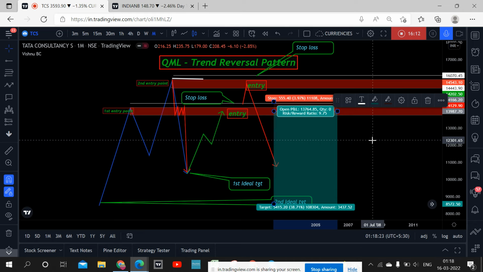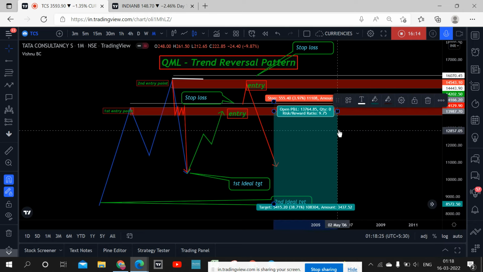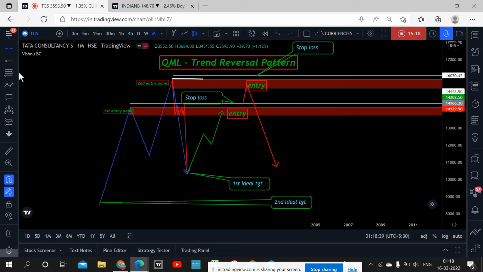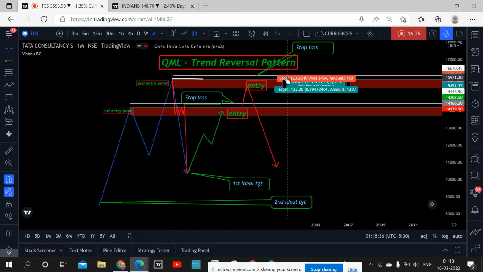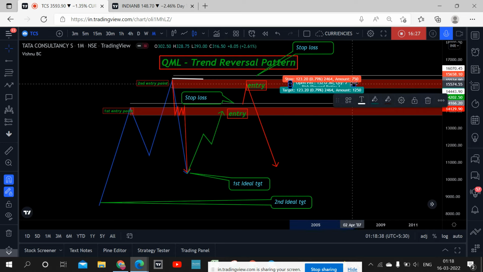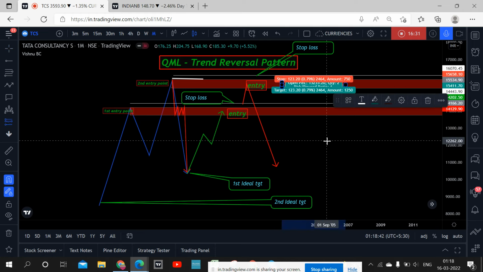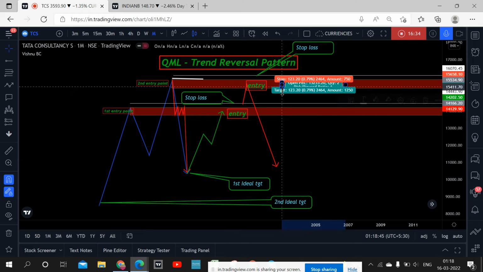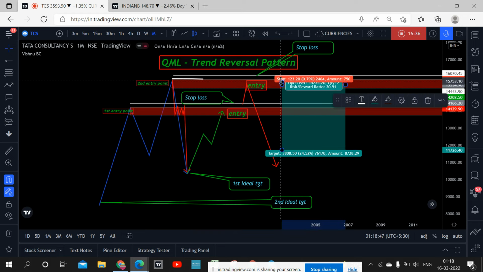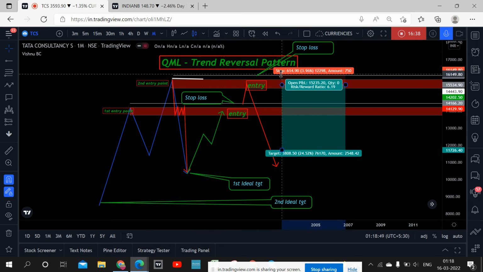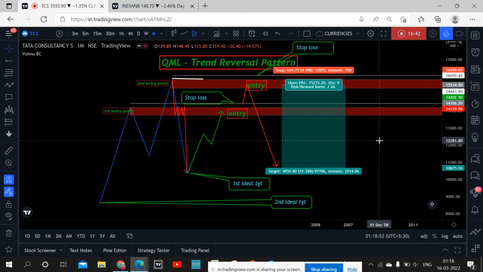And even in this case, if your stop loss is hit, you'll lose only 555 points, and you need to make your second entry again at the top in this range. And see what your stop loss is.